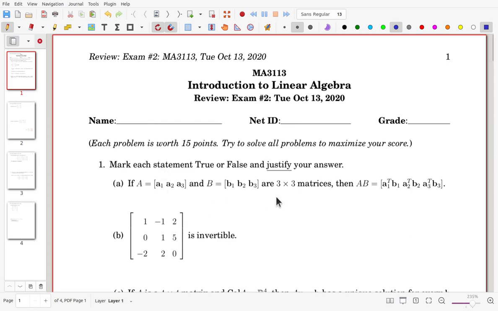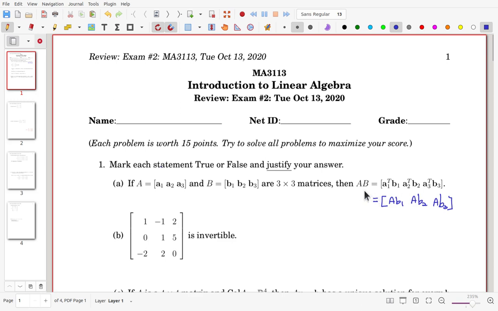A and B are 3 by 3 matrices, then their product is given in this way. Is it true? It must be false. From the definition, the product AB is given in this way: Ab1, Ab2, and Ab3.